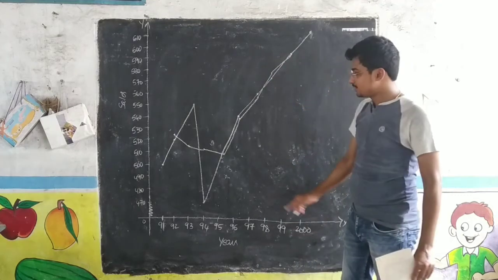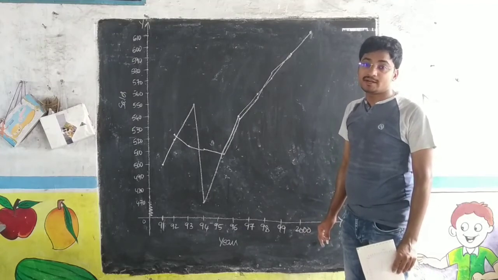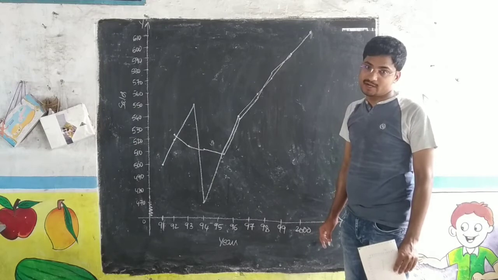Here is the trend line and 3 yearly moving average. Diagrams will be drawn on graph paper only.